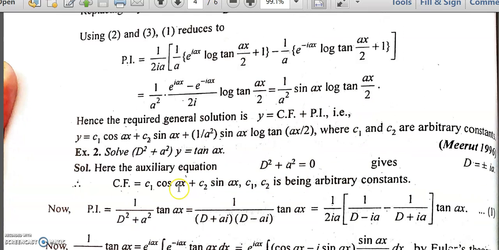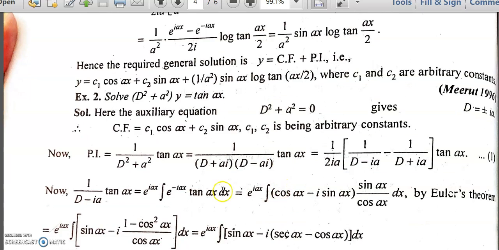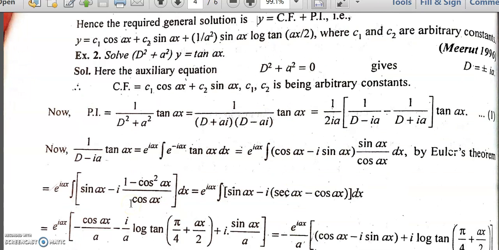Okay, here is a similar problem. Again you can solve it by hand calculation. Here just remember that the function is tan ax, right? And 1 by D minus alpha means e to the power i alpha integration of e to the power minus i alpha into function dx. Then you just need to use the Euler formula, then multiplication, and just rationalize it.